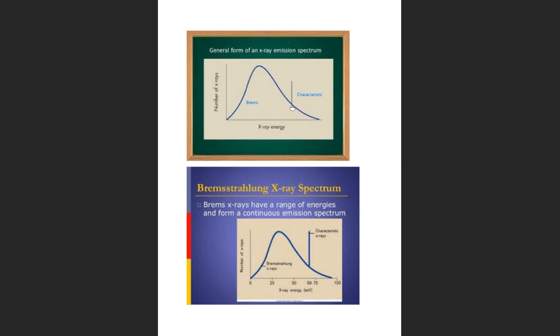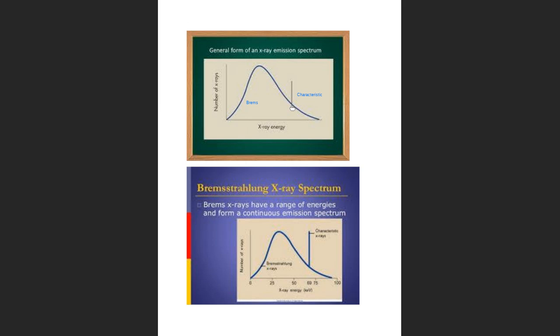I have a completely BREMS beam, because they occur at any energy level. Are you okay with that so far? Okay, and if you need to stop me in between, go ahead and stop me.